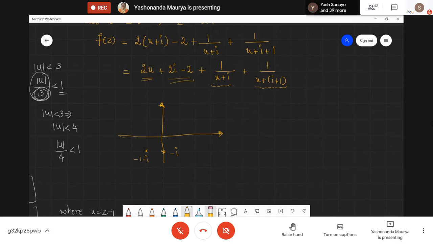So now we have to draw circles taking this as my center, and it should pass through these points. Okay. So if I take the first point, it will be this circle that I'll get. Okay. When I take the second point, it will be somewhat like this.